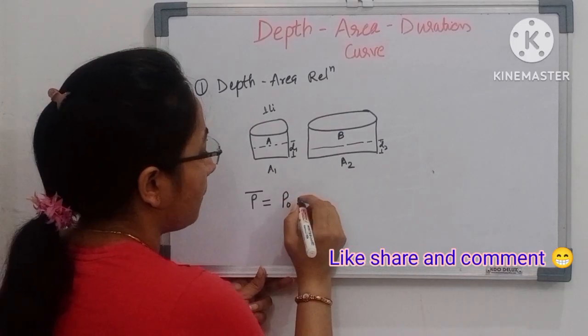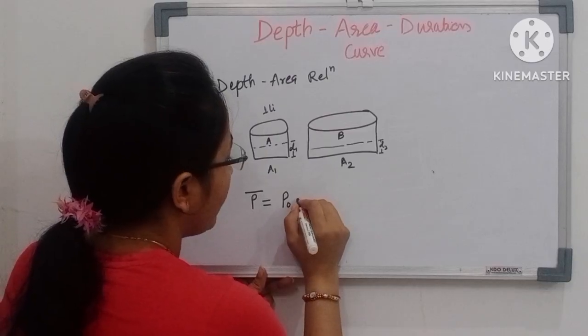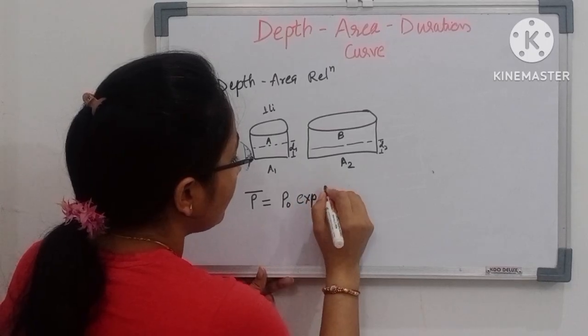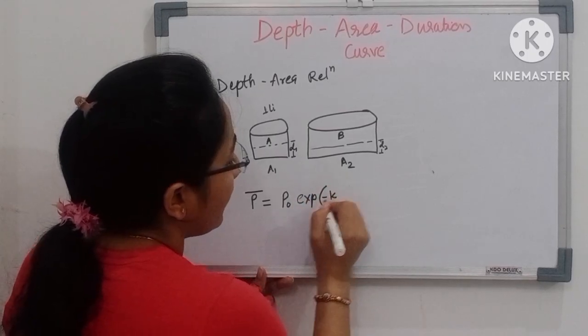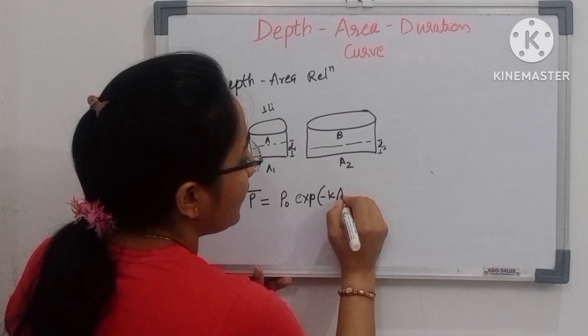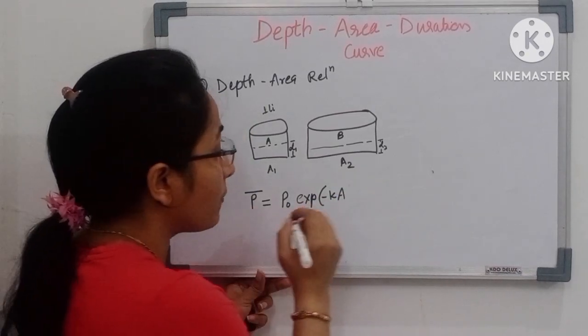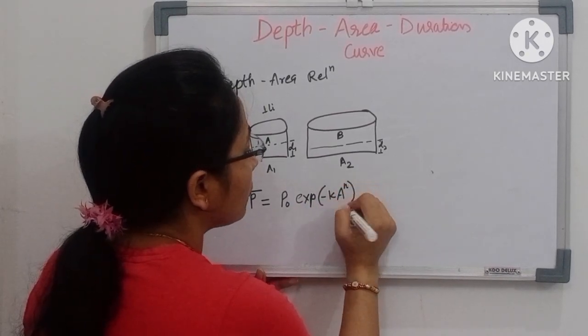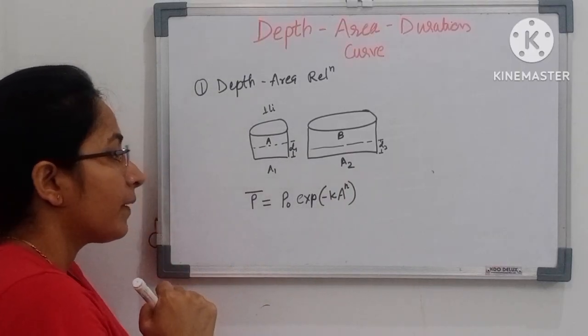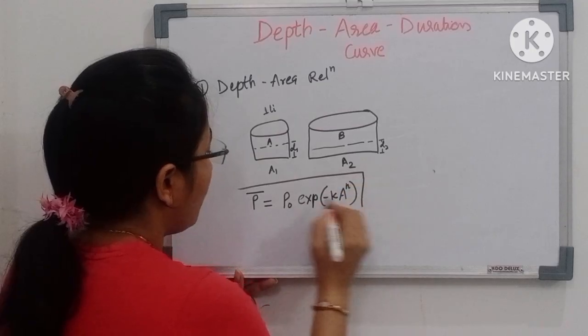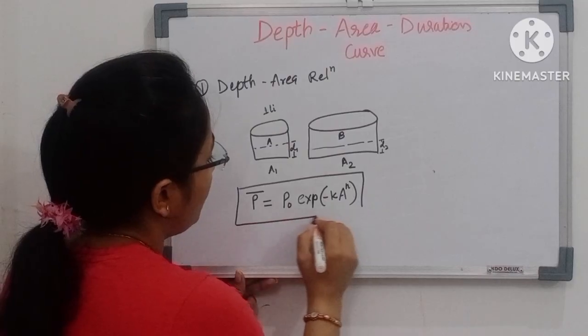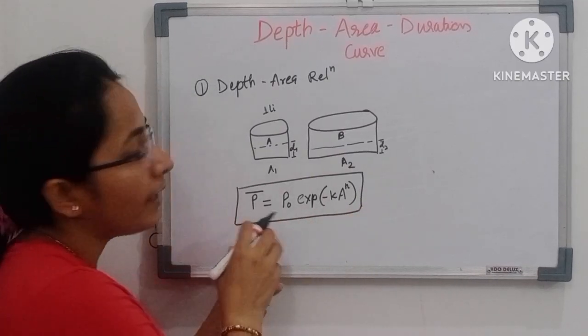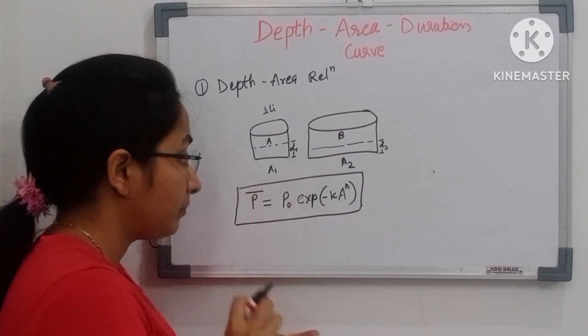So this is P naught exponential minus K A to the power N. K is a constant, A is the area of the basin or catchment, and N is also a constant. So this is the formula to get the relationship between depth and area.